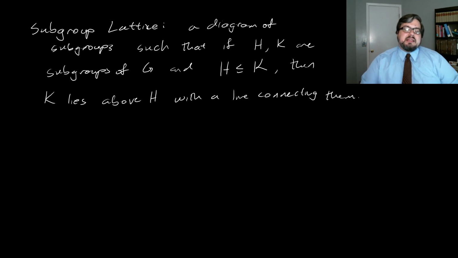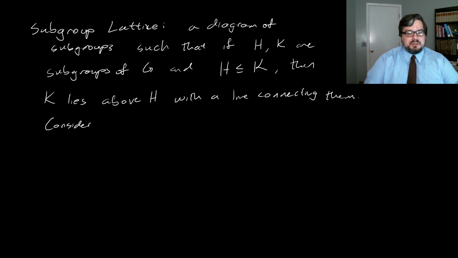So this is fairly easy to describe when we're looking at cyclic groups. Let's consider the group G, which is the cyclic group Z mod 18Z.